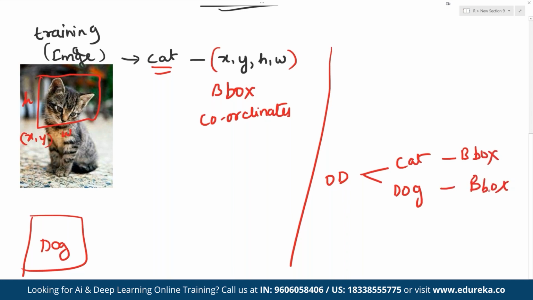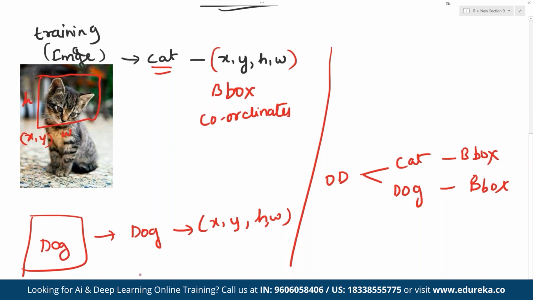Then I'll have a set of data with images of cats and dogs, and every individual image will have the label which says what is present in that image, and also where exactly it is present.